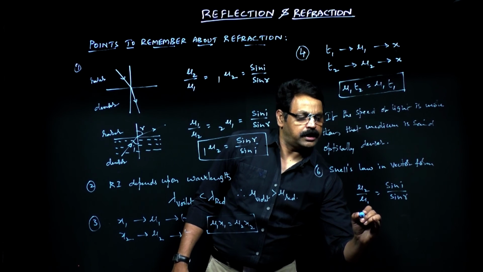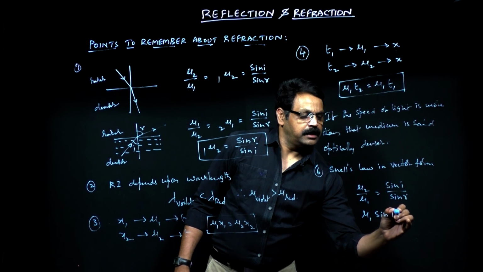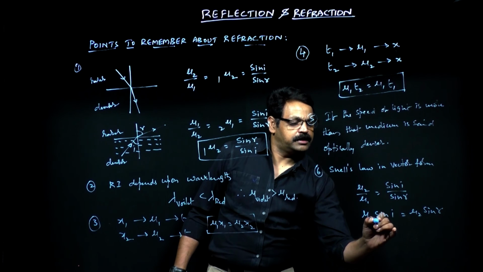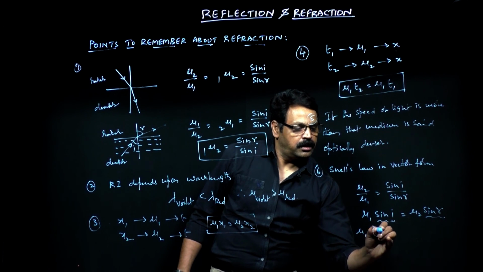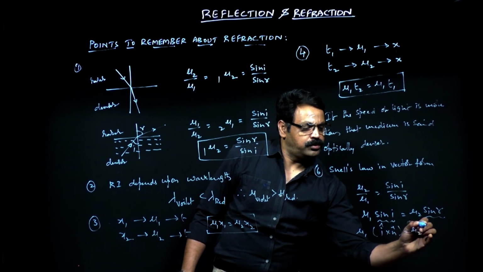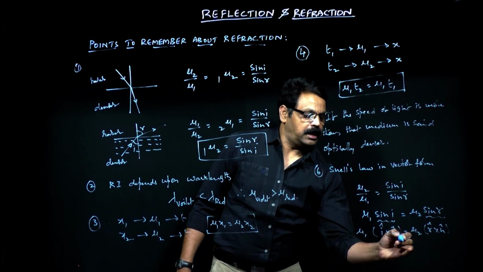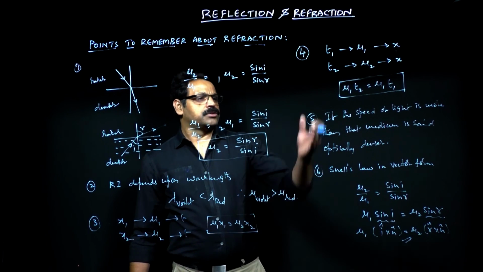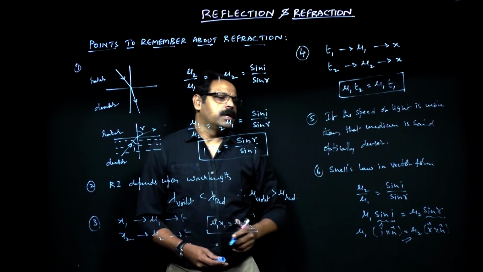You can write mu1 sin i is equal to mu2 sin r, which can be written as mu1 (i cross n) is equal to mu2 (r cross n). This is how you can represent it, but this is an advanced concept. So these are the few additional points that you need to remember in case of refraction.